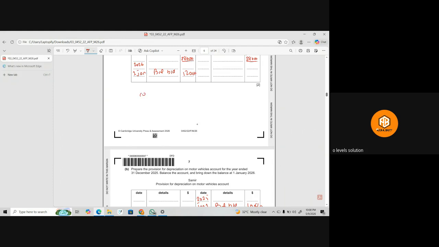Cost minus AD is equal to net book value.